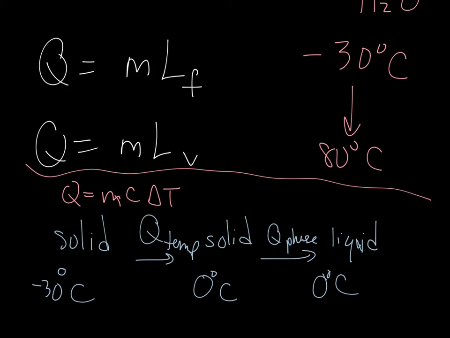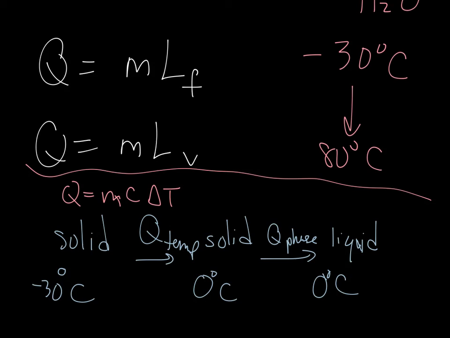Now, if there's a phase change, which formula do I use? You have one of two options. It's not Q equals MC delta T, I'll tell you that. Is it LF or LV in this case? LF, because that's fusion, and fusion is from solid to liquid.